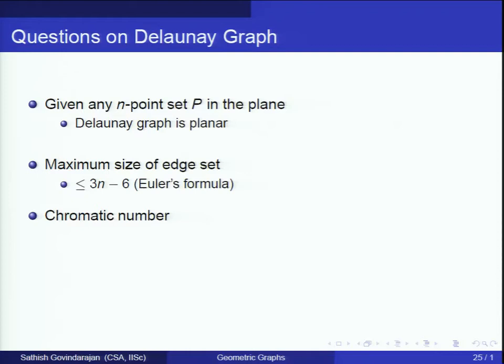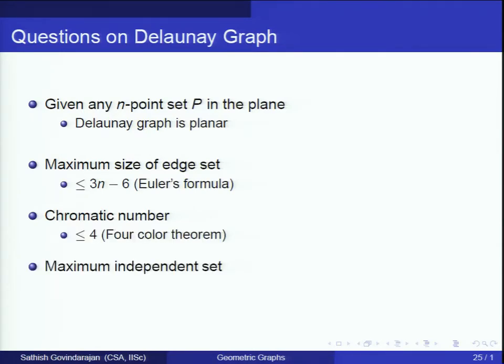Chromatic number. A planar graph will have a very small chromatic number. In fact, there is a theorem which says that if you have any planar graph, you can always color it with at most 4 colors. Whereas in general, a graph might require, what is the largest number of colors a graph might require for coloring? N, right? If you have a clique, you might require n colors.